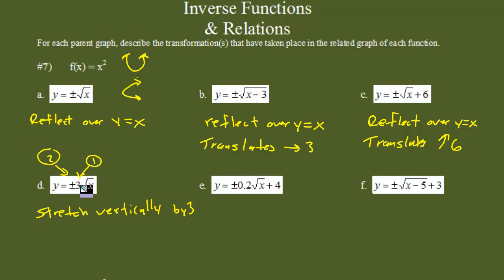You know it's stretched because this coefficient, its absolute value, is bigger than 1. If it's between 0 and 1, then you say it shrinks it vertically. And this plus or minus the square root, once again, reflects the graph over the line y equals x.